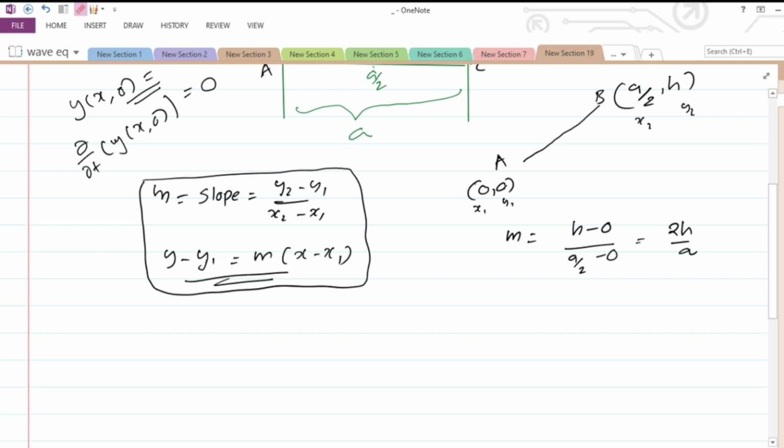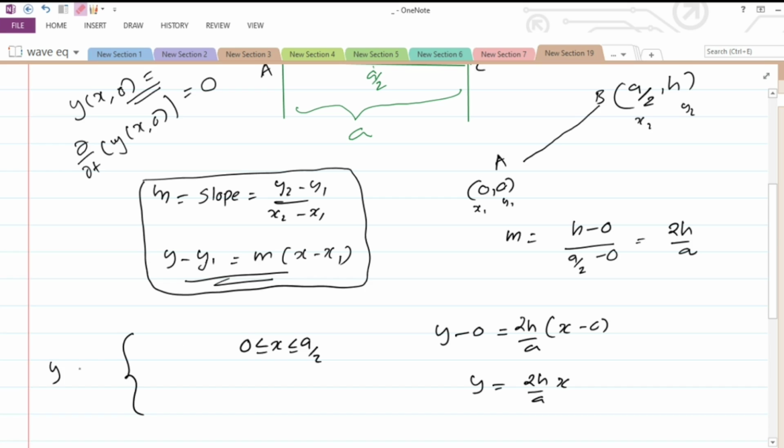For simplicity we use x1, y1 as 0, 0. So y minus 0 equals 2h by a into x minus 0, that is y equals 2h by a into x. So for x from 0 to a by 2, the function y is defined as 2h by a into x.